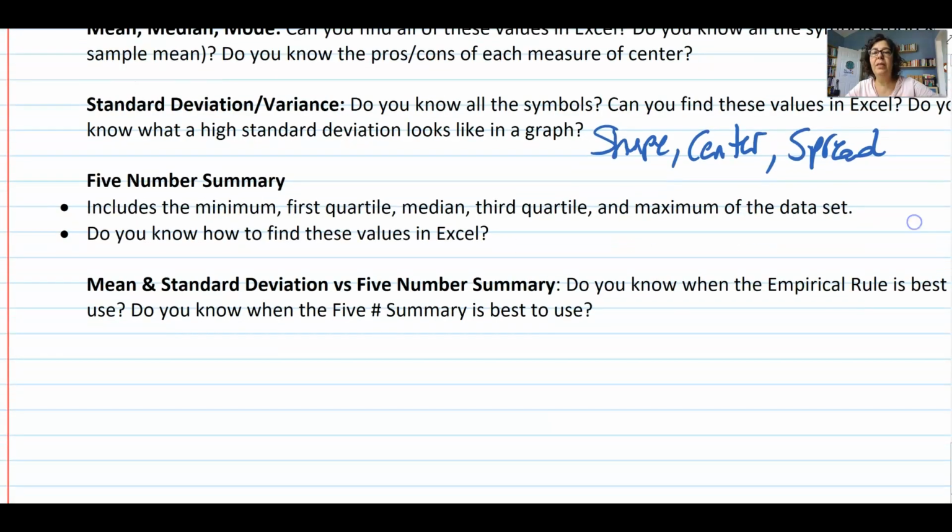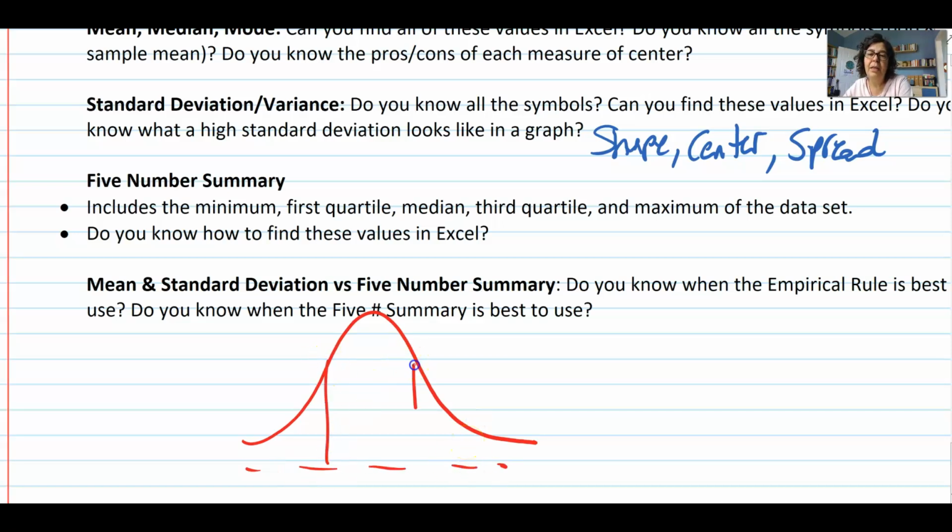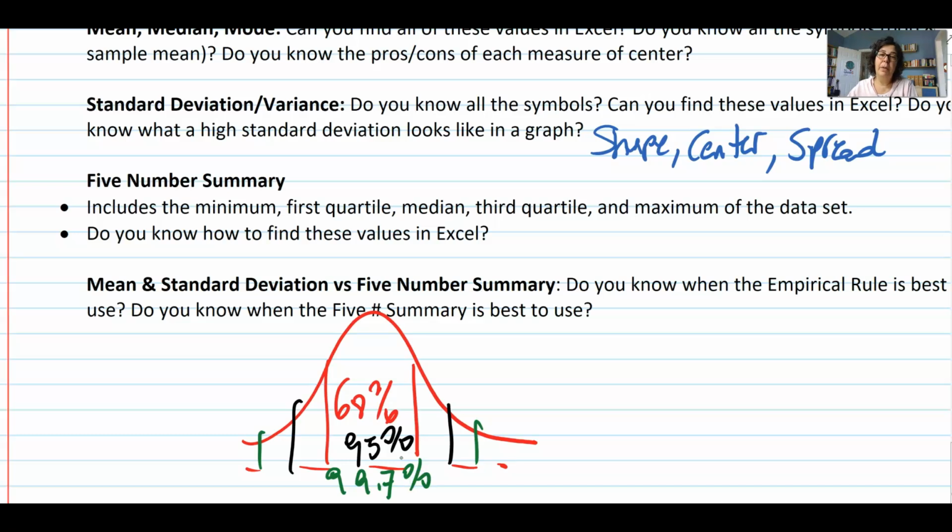Okay, there's also another thing, 5-number summary and empirical rule. So empirical rule, the name itself, we need to have a bell-shaped distribution, and it goes with 68% is 1 standard deviation above and below, 95% is 2 standard deviations above and below, and 99.7% is 3 standard deviations above and below.